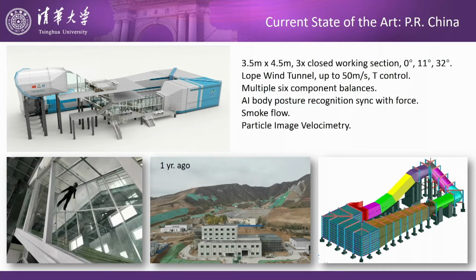The 11 is for jumping training, and 0 is general use. That's why it's special. It was built by the Aerodynamic Research Institute, similar to the little brother.